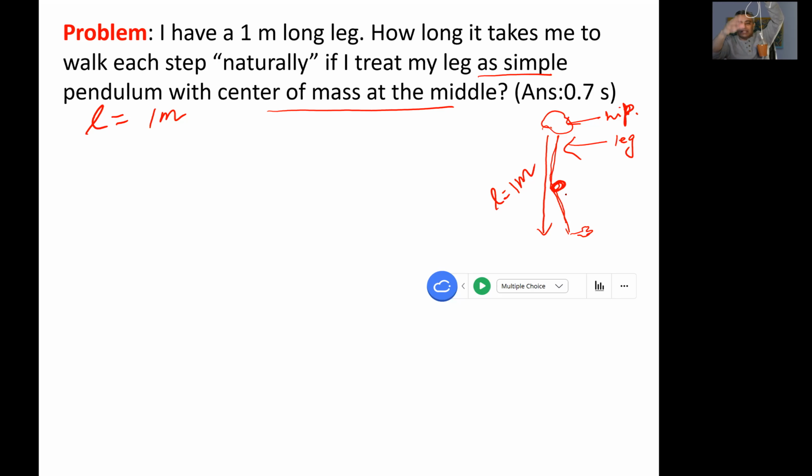So when my leg is going back and forth, I cannot just use the whole length of my leg as the length because the center of mass is there. So the length of the pendulum is going to be from the hip to the center, okay?